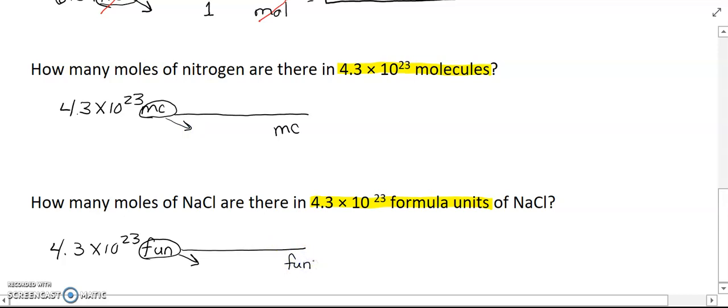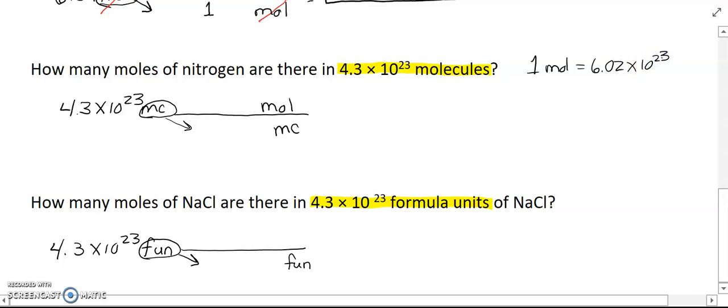In both of these problems, I'm going to be taking particles and turning them into moles. So what do I need to put on top? Well, this is going to be moles. And I still have 1 mole is going to be equal to 6.02 times 10 to the 23rd.